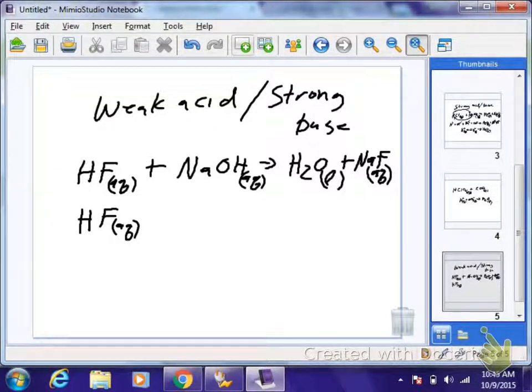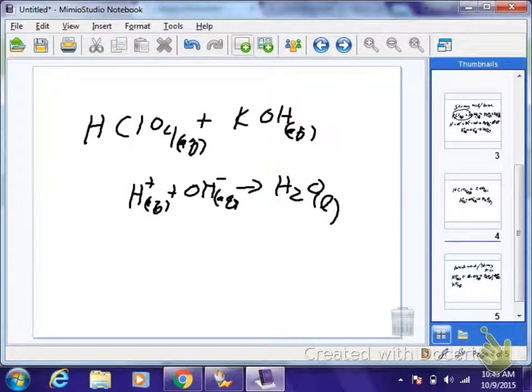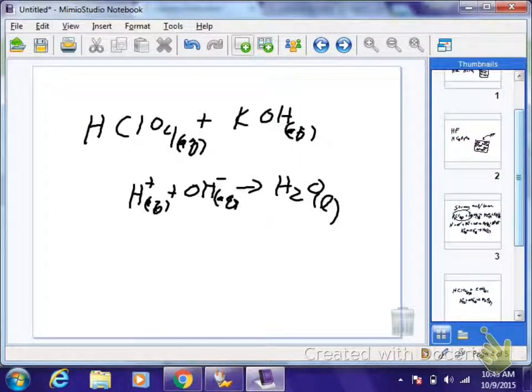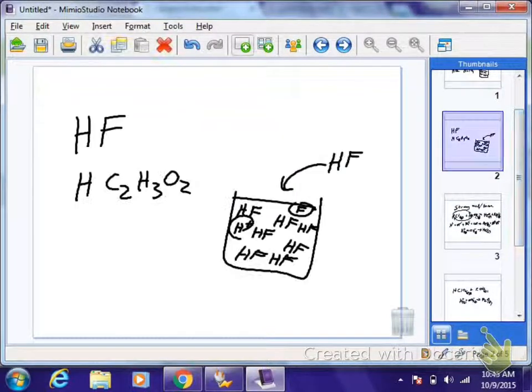You can't do it with weak acids, because we go back to our drawing we had earlier to show that it's not breaking apart. You can't show them broken apart if they don't break apart. 1 out of 100 is not breaking apart. So you can't show that in the next step as a complete ionic. You can't show the ions.